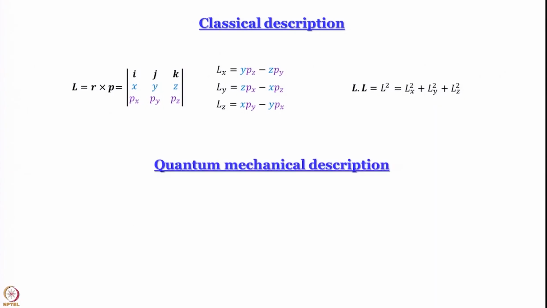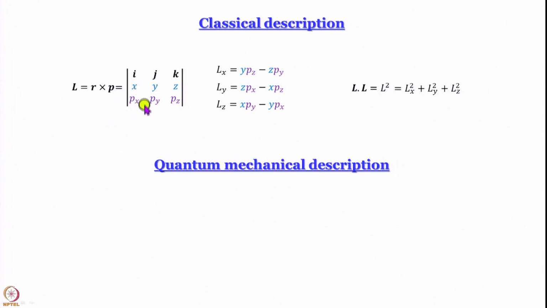Now, let us just build the quantum mechanical description, and then we will end this module. We will go to the next module for the next part. So, the quantum mechanical description is, as you know, we start from the classical definition, and what we do is for every variable, every observable that is there, we replace it by the corresponding operator, right. So, if you want to write this matrix, what do we have to do?